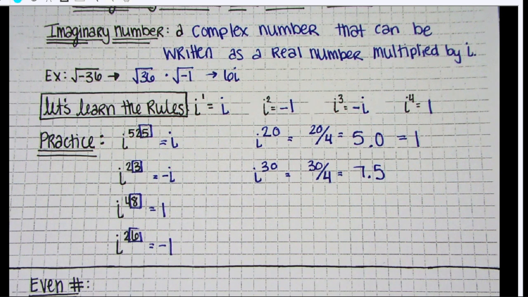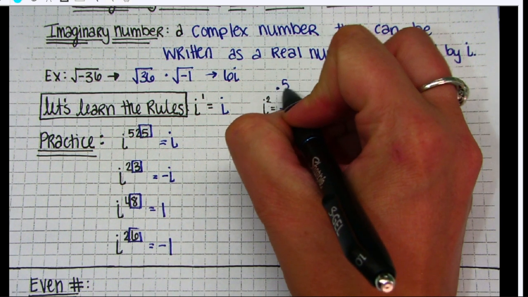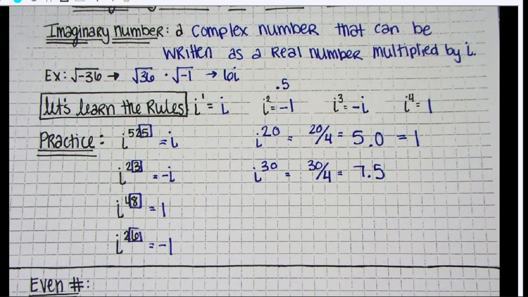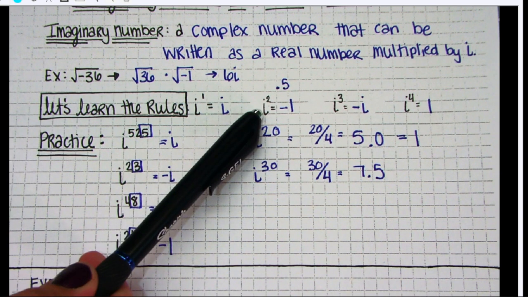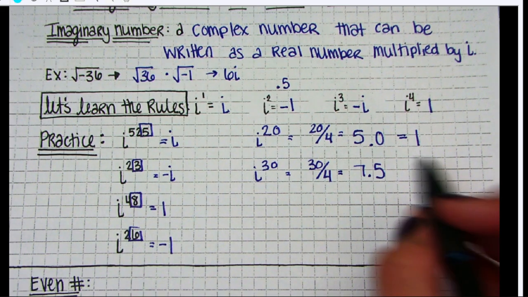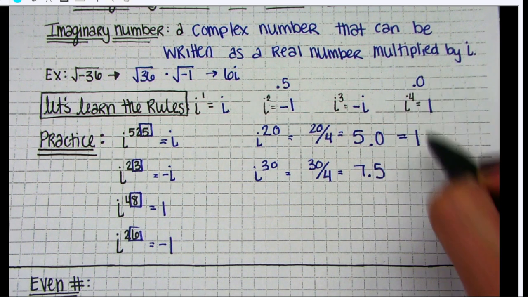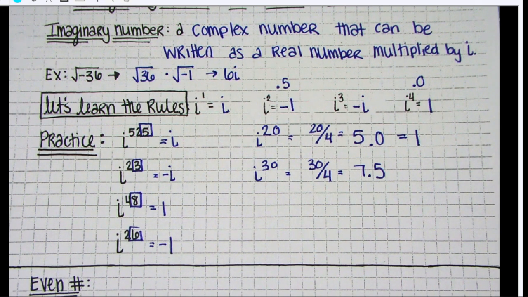So if you're solving these problems and you get a decimal answer of 0.5 when you divide by 4, it's going to be i to the 2nd because 2 divided by 4 gives you a half. If you get 0.0 or a whole number, it's i to the 4th because it goes evenly. You want to use that trick only when the exponent has a 0 at the end.